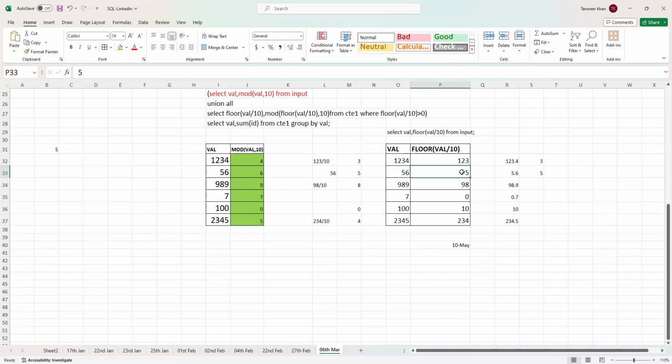Then if I divide this floor 5 by 10, we will get 0.5. But the remainder will be 5, no? If you're telling 0.5, that will be the quotient. We're not talking about the quotient here, we're talking about the remainder, right? Is this clear or shall I repeat this, guys?